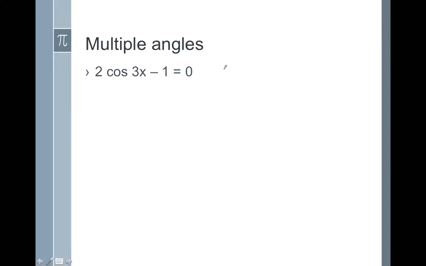Let's say, as it's supposed to be, cosine of 3x is equal to 1/2. So this is basically saying cosine of something is equal to 1/2, and we know that that something occurs at the 60-degree angle, so pi thirds, and at u equals 5 pi thirds.